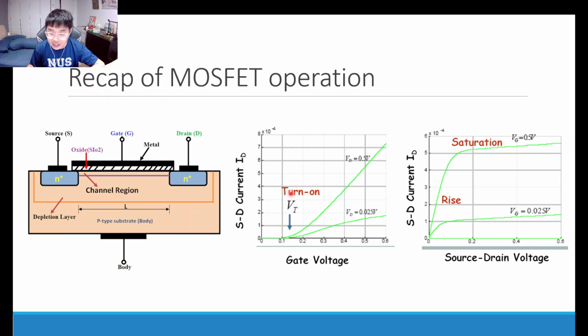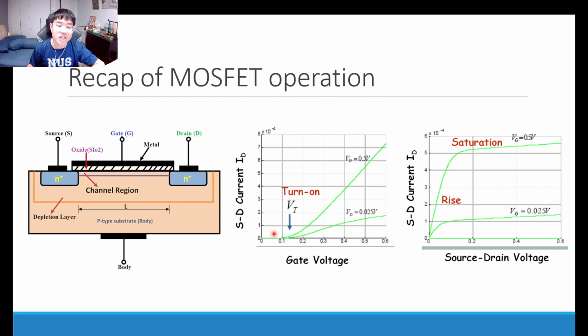The most important characteristic of a MOSFET transistor is the existence of the threshold voltage. At gate voltages below the threshold voltage, it is insufficient to create the inversion layer in the channel region, and therefore there is no source to drain current because there's no channel that allows for the charge carrier conduction to occur between the source and the drain.